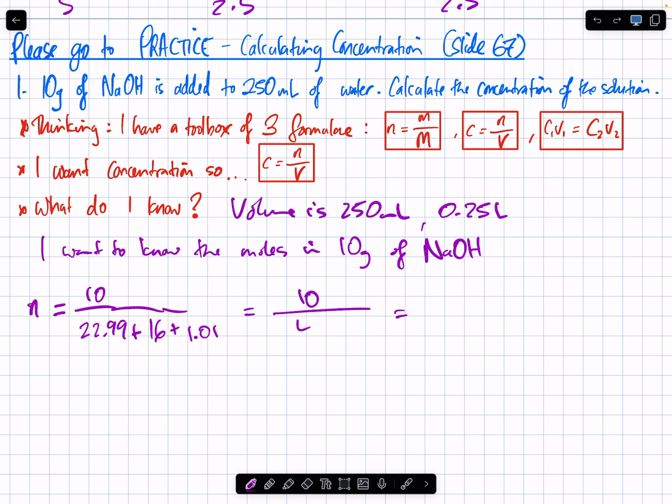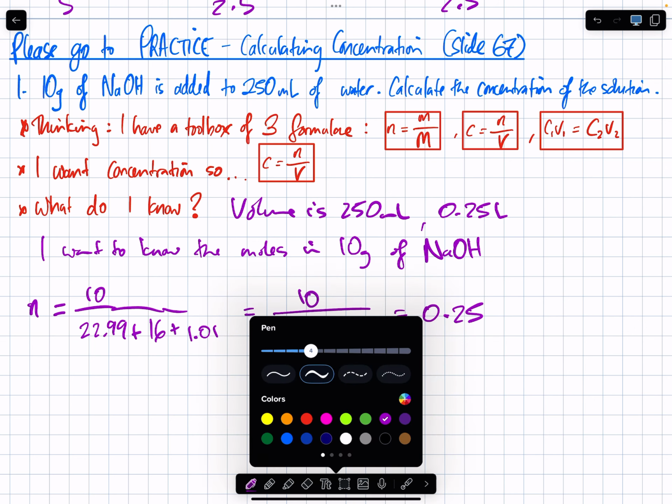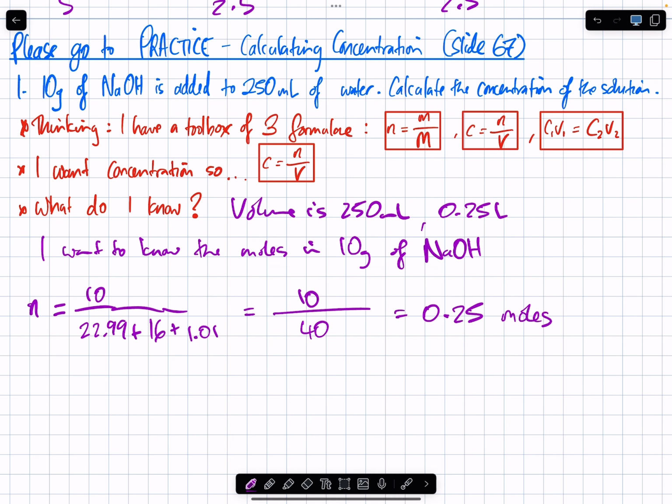What is 22.99 plus 16 plus 1.01 going to be? 40. And then what's 10 divided by 40 going to be? 0.25. So how many moles of sodium hydroxide do I have in 10 grams? 0.25 moles. Do I have what I need to fill in the concentration formula? Yeah.